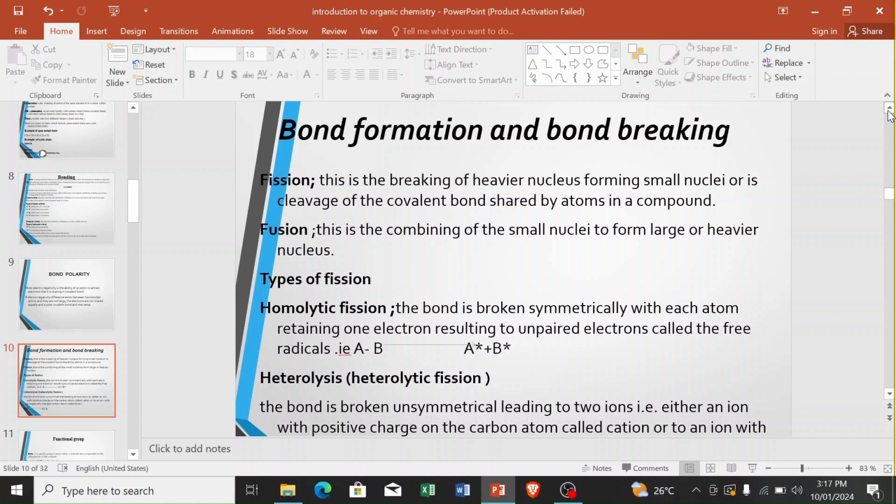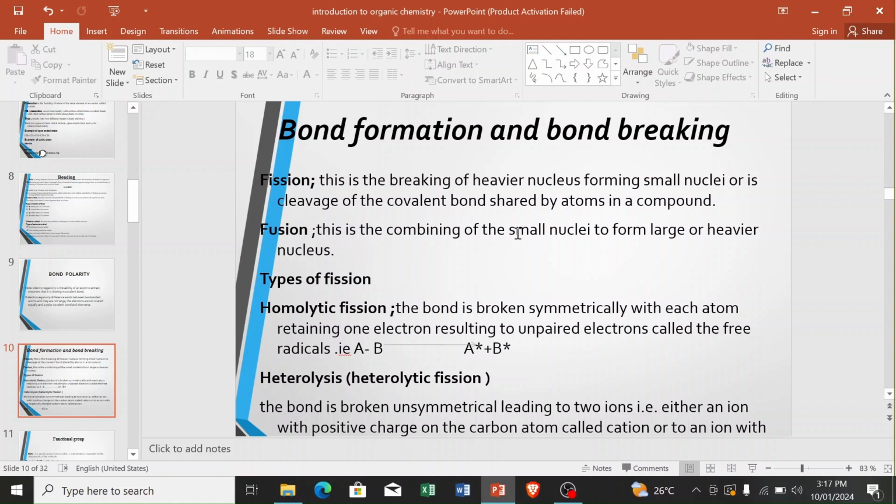Another word for bond breaking is fission. Fission is the breaking of a heavier nucleus forming smaller nuclei, or the cleavage of the covalent bond shared by atoms in a compound.